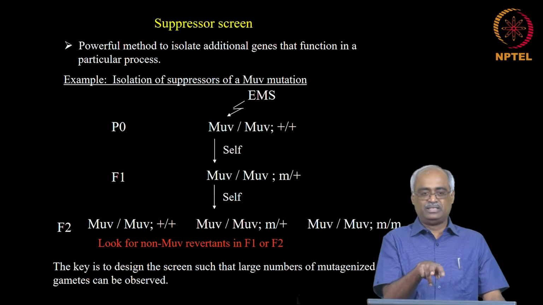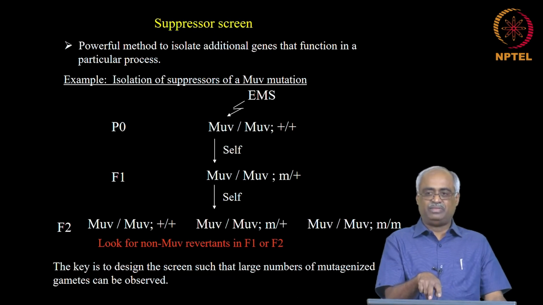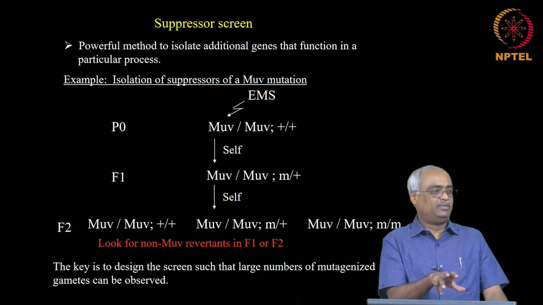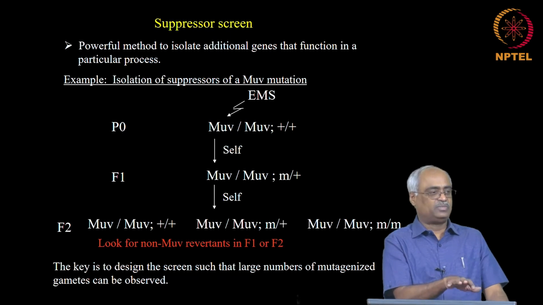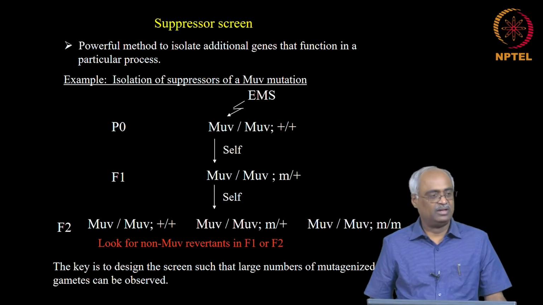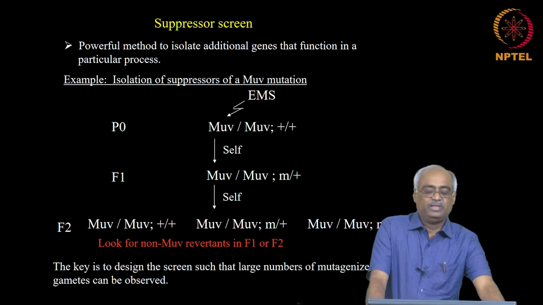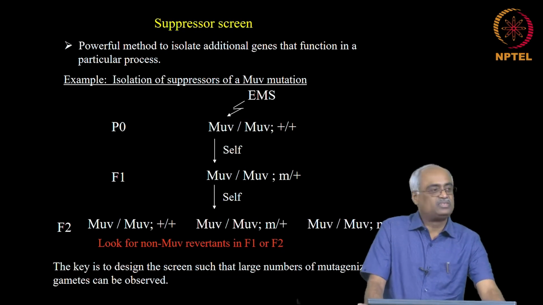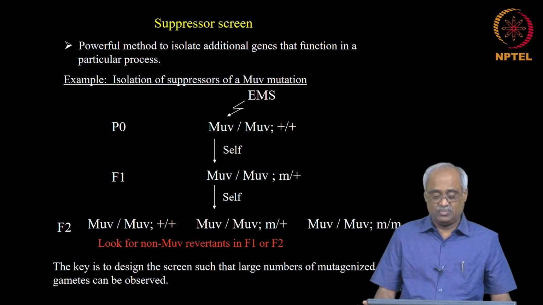Okay. Mechanism we will not know at this point, but they somehow interact, and that somehow interaction in terms of the phenotypic outcome, we call that genetic interaction. Okay. So you want to find such genetic interactions. So this method helps you to find additional genes, and that is why we call this a really powerful method.